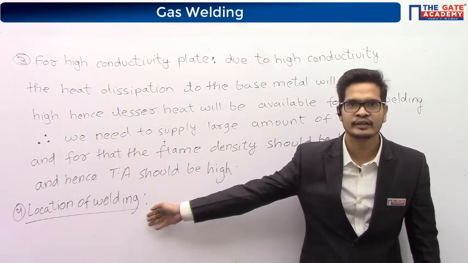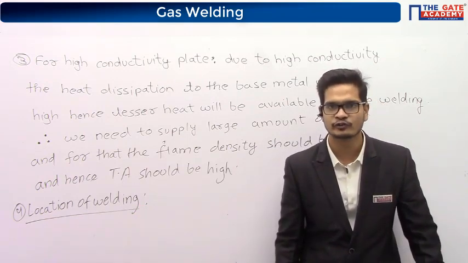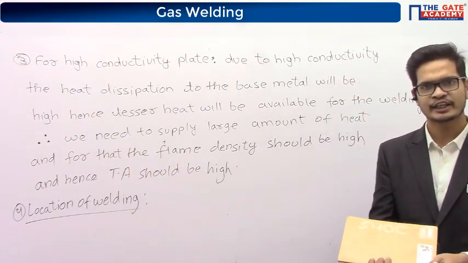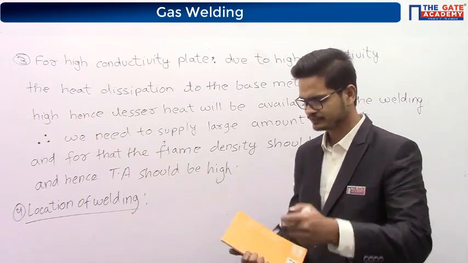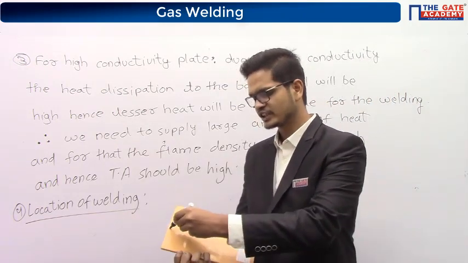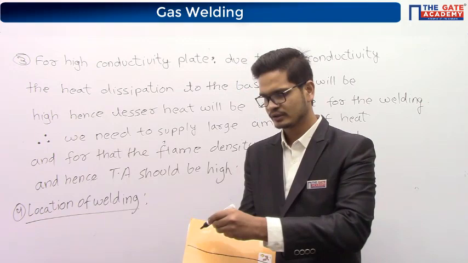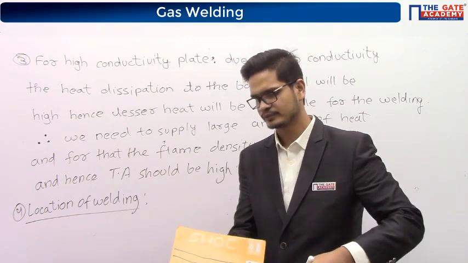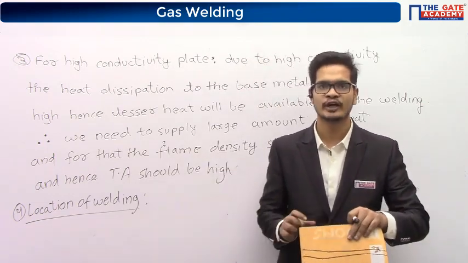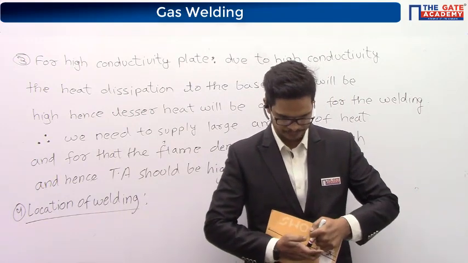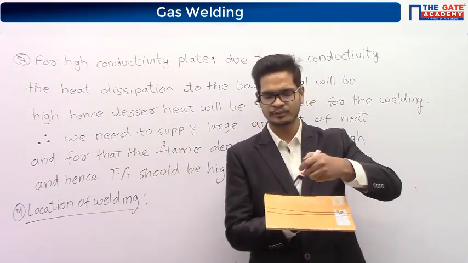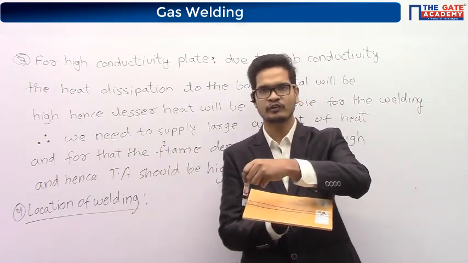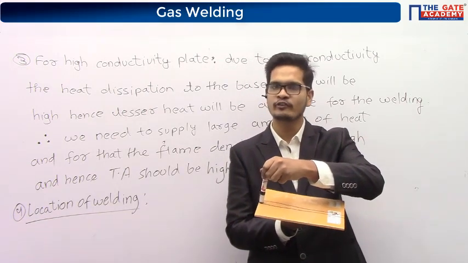Fourth one is the location of welding. I'll again come back to the same example. Let's say this is a crack that I want to weld, and I'm starting the welding from here. This is the start of the welding.